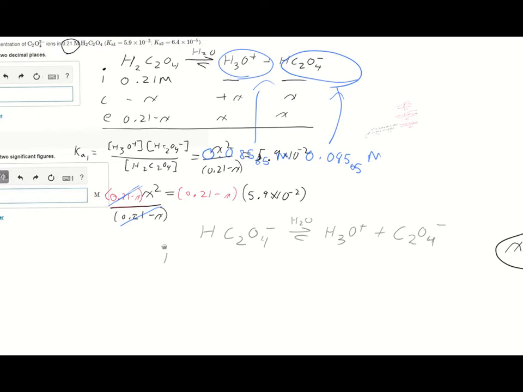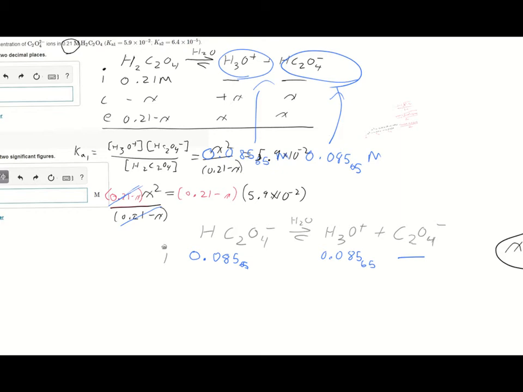Our initial amounts are going to be governed by the answers from our previous ice chart. So our initial amount here is 0.08565, 0.08565, and then we have none of that to start off with.